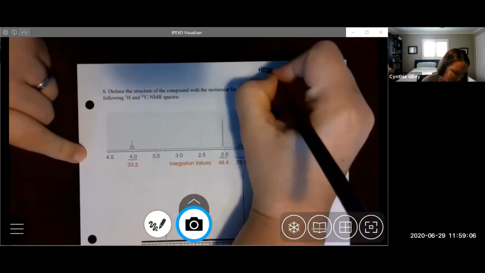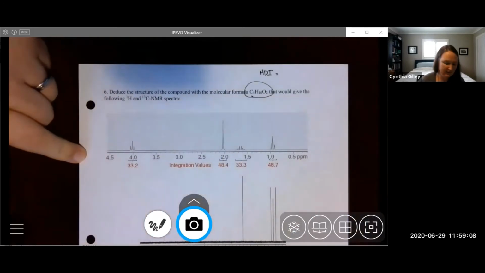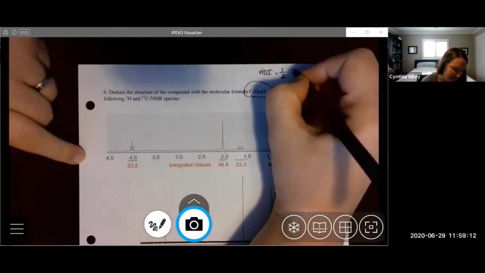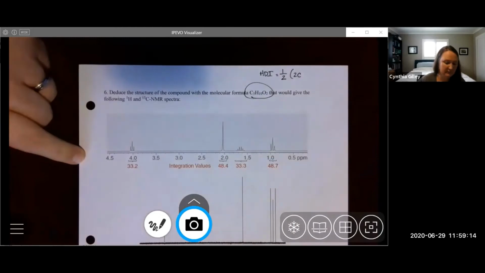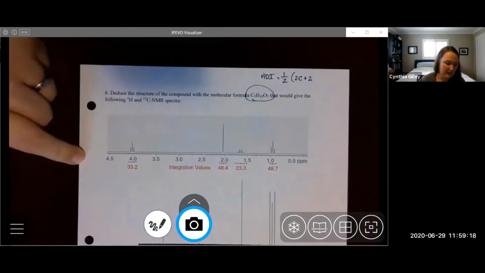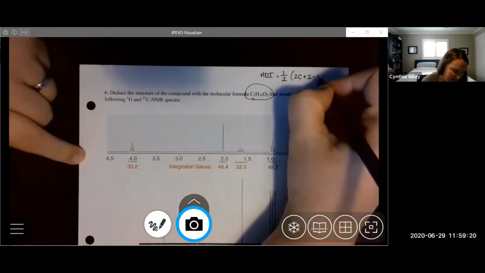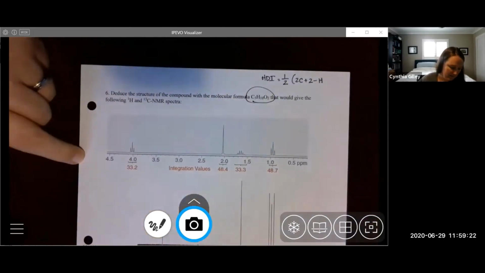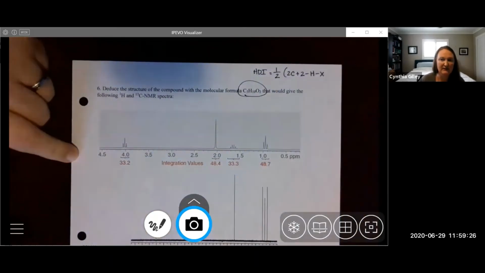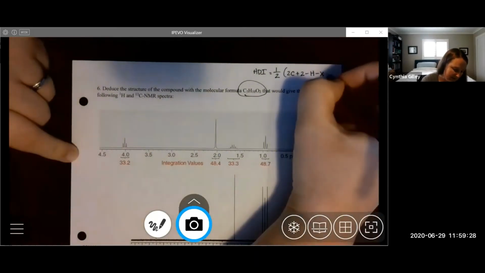Hydrogen deficiency index equals 1/2 times 2 times the number of carbons plus 2, minus the number of hydrogens, minus the number of halogens, plus the number of nitrogens.